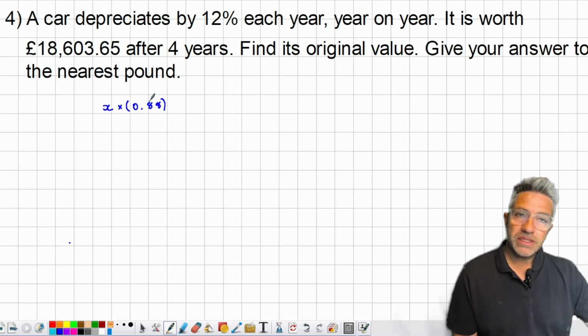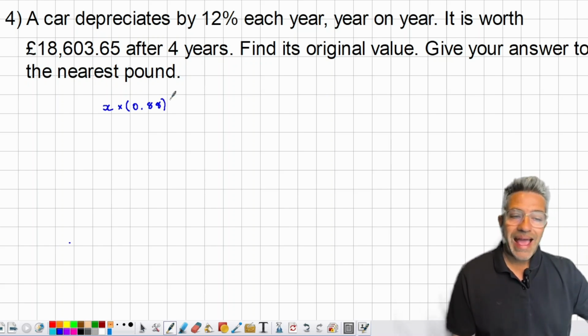Now you'll notice, although I've already mentioned compound interest, I'm putting my percentage in brackets this time, because we're told after 4 years, and that's where the powers come into play. Equals £18,603.65.